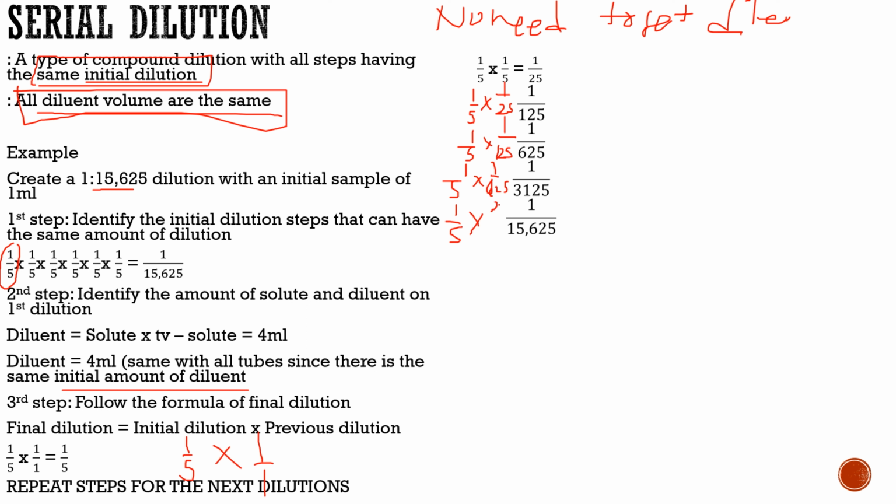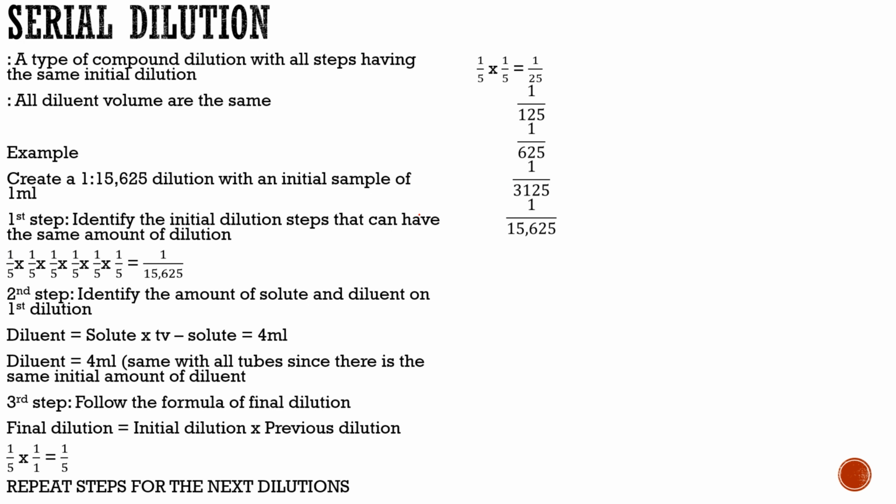Times 1 is to 5, 3125. You get your 15,625. So, yan yung pinaka-simple na serial dilution explanation, class.